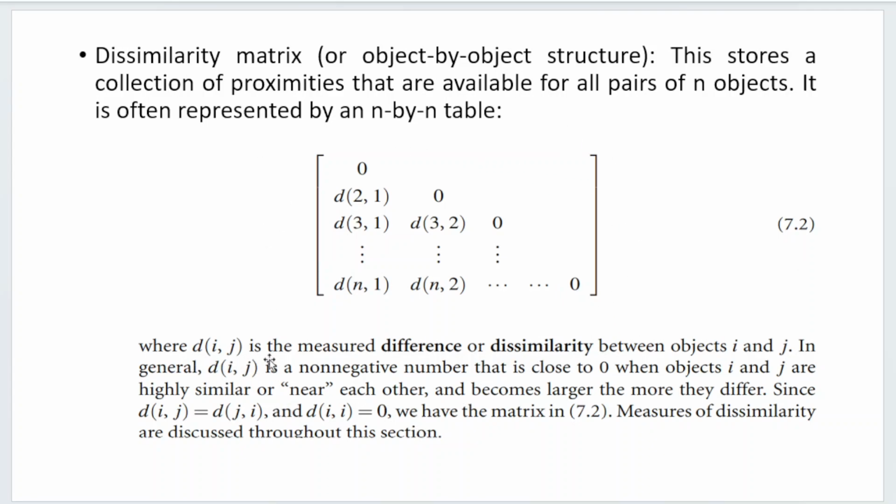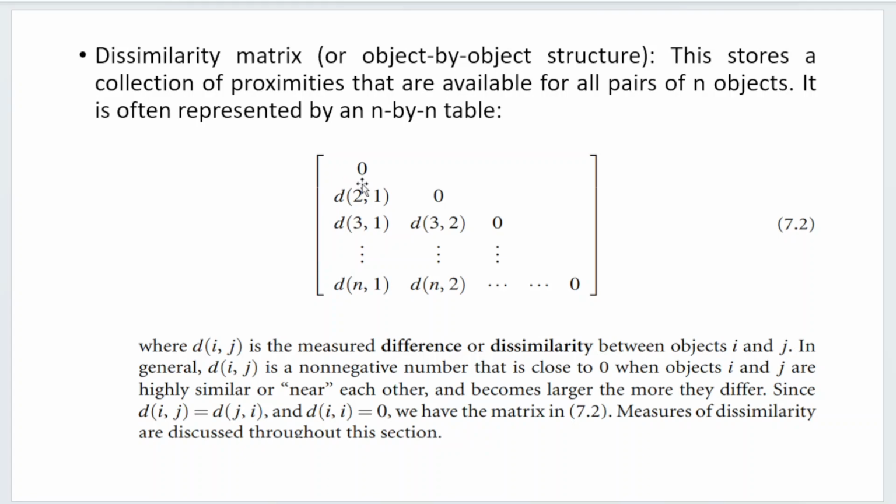Where d of i comma j is the measured difference or dissimilarity between objects i and j. In general, d of i comma j is a non-negative number. It is close to 0 when objects i and j are highly similar or near to each other.